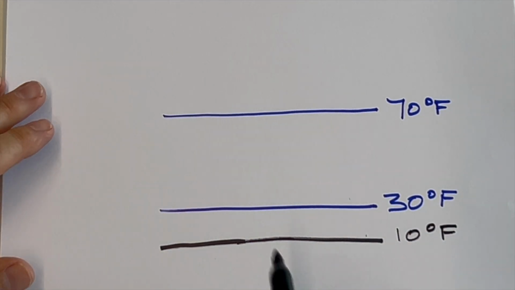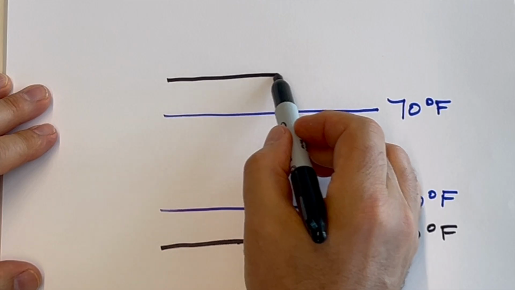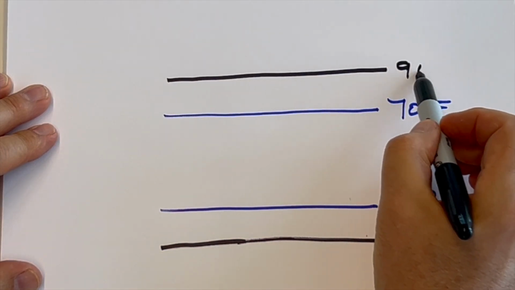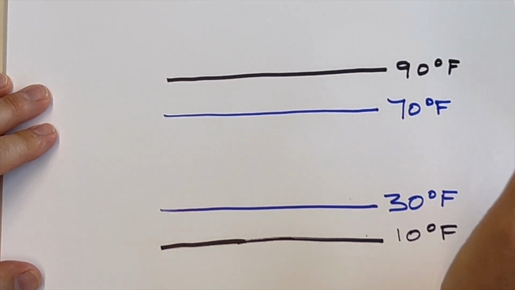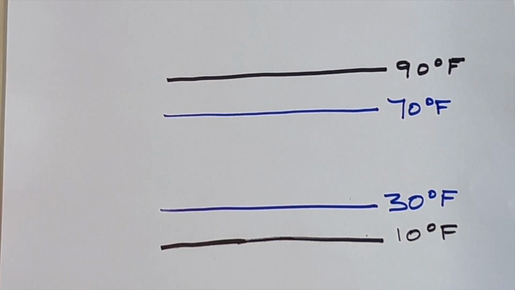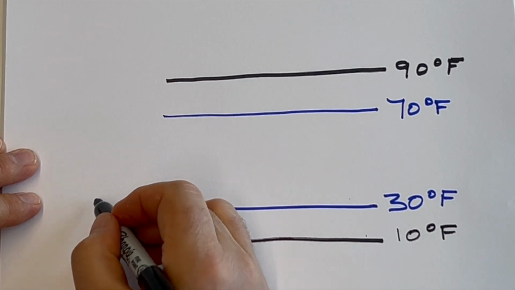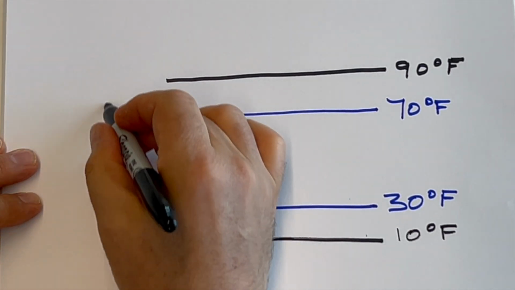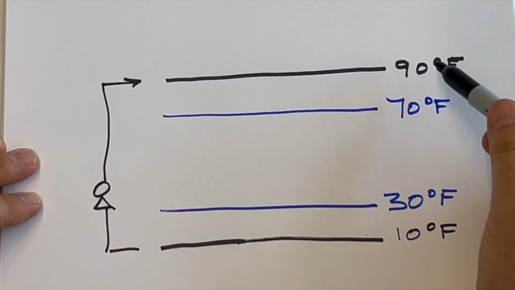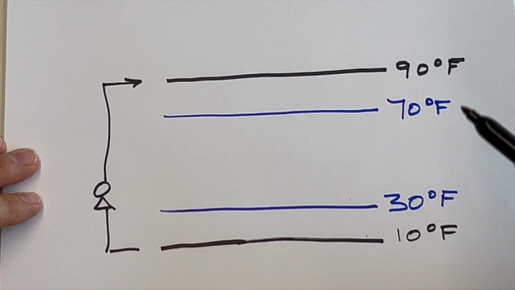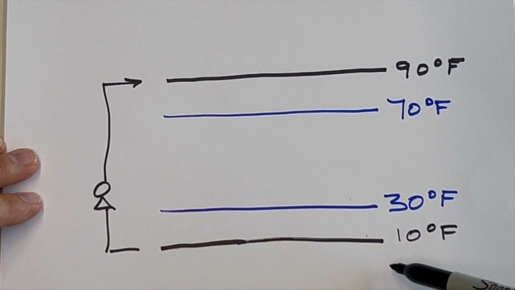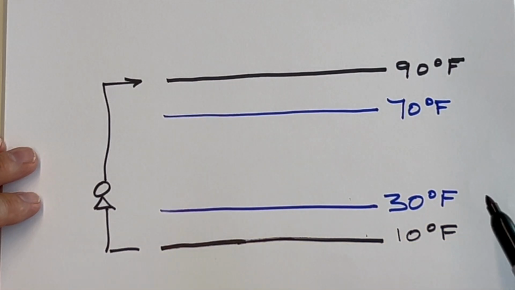And instead of adding 30 degrees, we might only add 20 degrees. This is 90-degree refrigerant indoors. The compressor here is working less hard. The compressor is only compressing from 10 to 90. Remember the previous example where it compressed from 0 all the way up to 100.